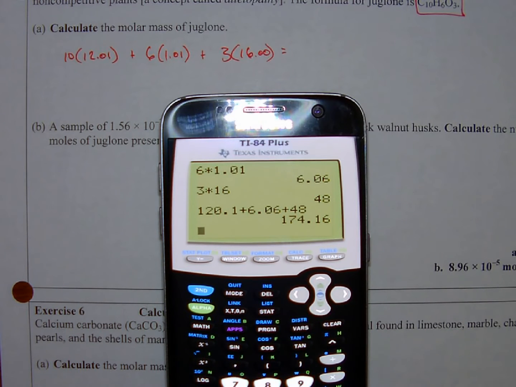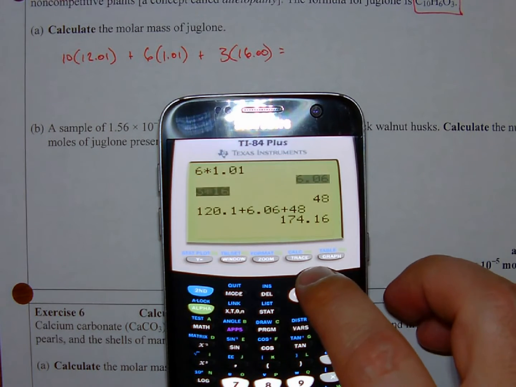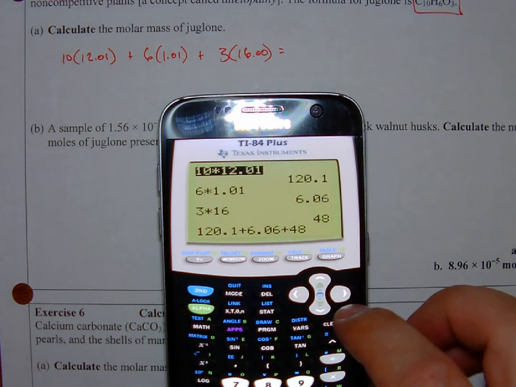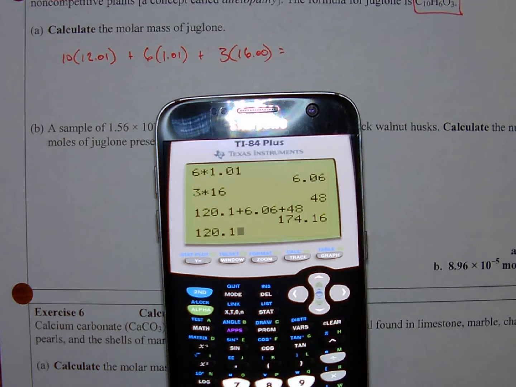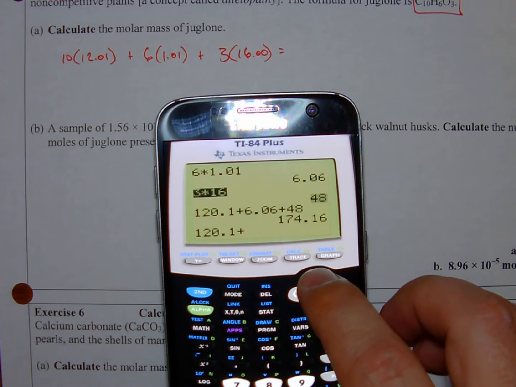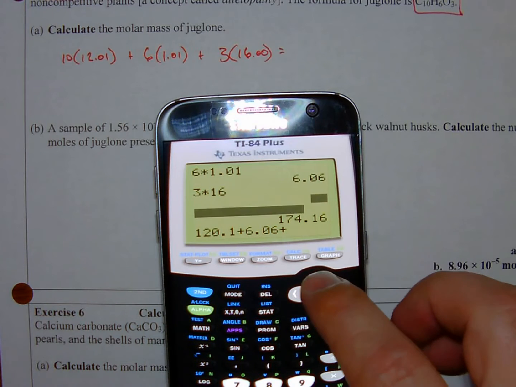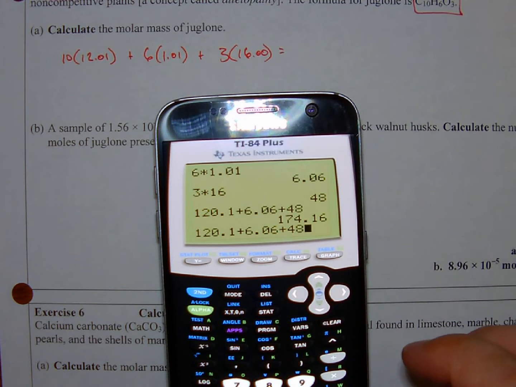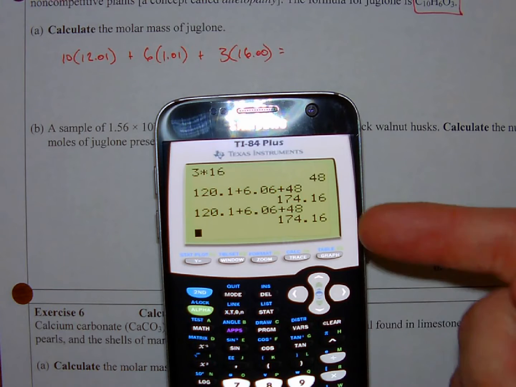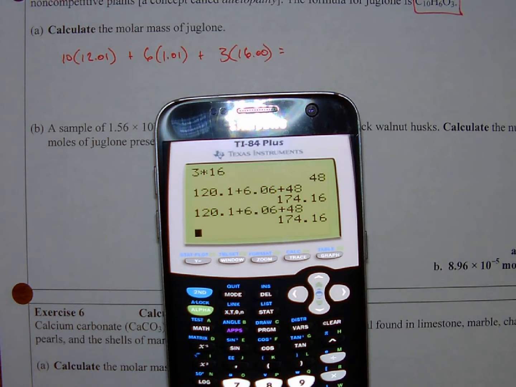However, that's a lot of extra stuff that you don't need to do. What you can also do is pull numbers that you've already calculated by simply using the arrow button. Notice how I'm going to the answers that I've already calculated and pulling, and I get the exact same number. So that's another calculator technique that you can use.